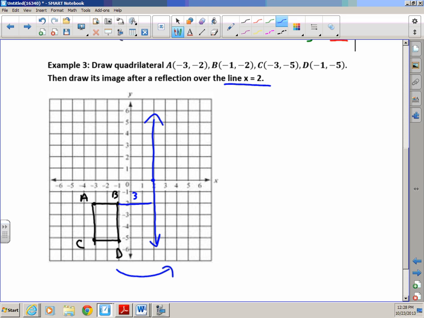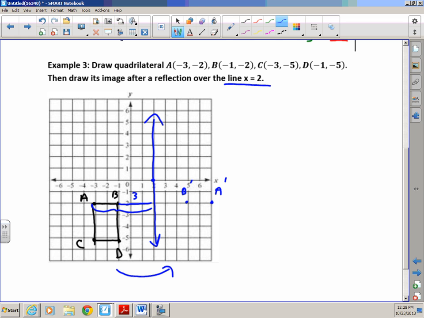So it's going to be 1, 2, 3 units away on the other side. There's B prime. A is 1, 2, 3, 4, 5 units away. So it's going to be 1, 2, 3, 4, 5 units away on the other side.